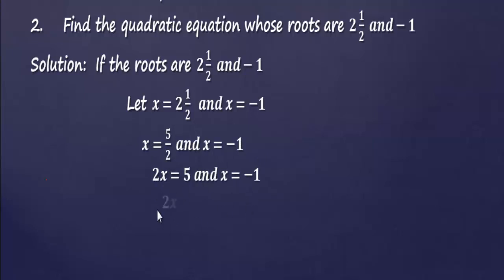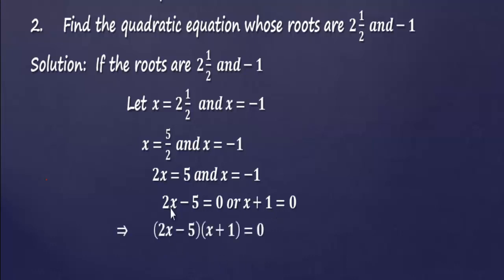So you can now bring 5 back to this place, which will be 2x minus 5 equals 0, and then bring minus 1 to this place. It's going to be x plus 1 equals 0, which is now going to be (2x minus 5)(x plus 1) equals 0.